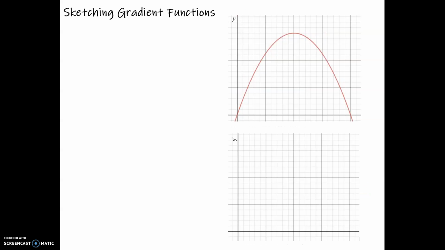Okay, this one we have a parabola. This is a negative parabola, so I know it's going to have a line sloping downwards. But the first thing we need to realize is the gradient at that point is 0. So I'm going to plot that to be 0. Now over here I can see that I'm having to go uphill, so the gradient here is positive. And over here I'm having to go downhill, so the gradient here is negative.